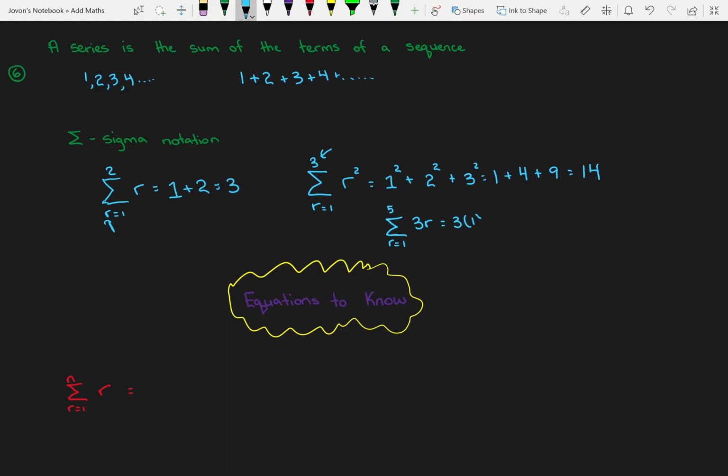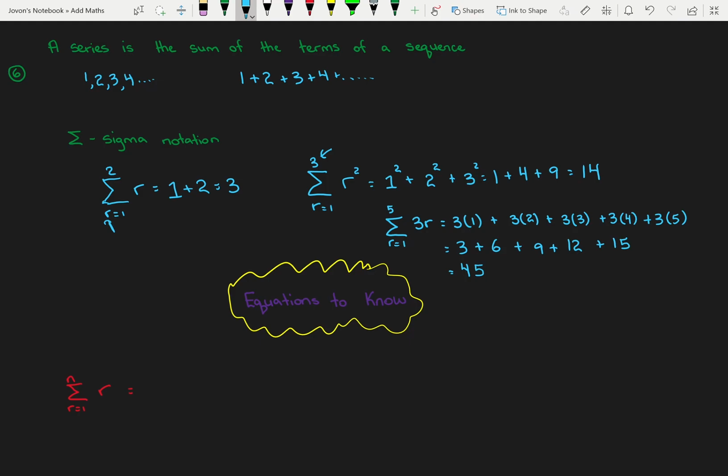So it would be 3 into 1 plus 3 into 2 plus 3 multiplied by 3 plus 3 multiplied by 4 plus 3 multiplied by 5, which is equal to 3 plus 6 plus 9 plus 12 plus 15. So we have 6 plus 3 is 9, 9 plus 9 is 18, 18 plus 12 is 30, 30 plus 15 is 45, right?